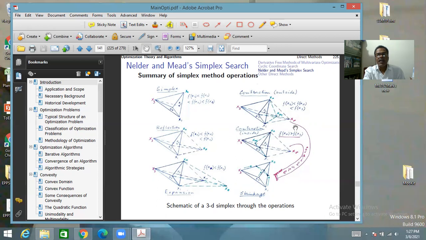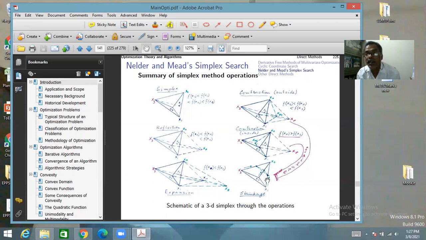So the failures in these two cases give you the shrinkage opportunity, in which case you pivot on x0 and pull all the other three along with it, halfway, or 0.6 way, 0.4 way, whatever you decide. So this is the overall plan of the Nelder-Mead simplex search method.